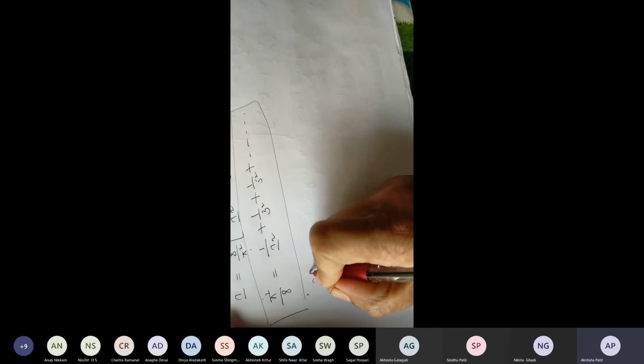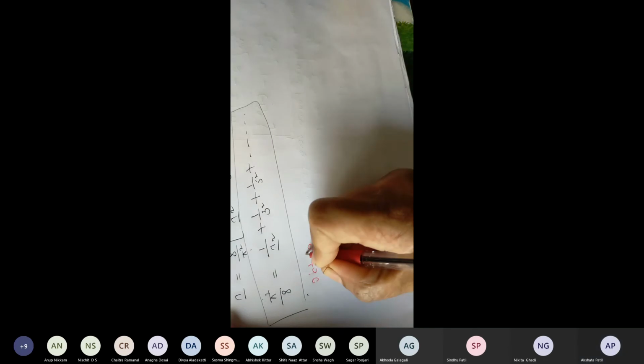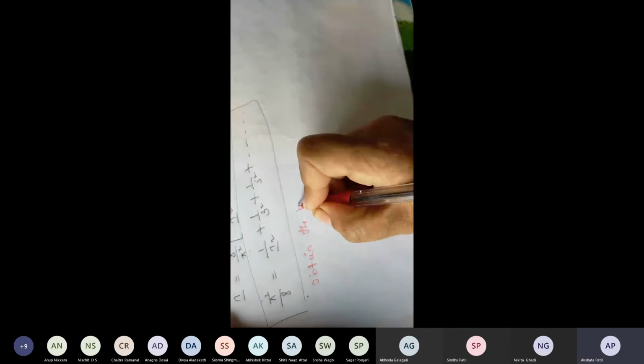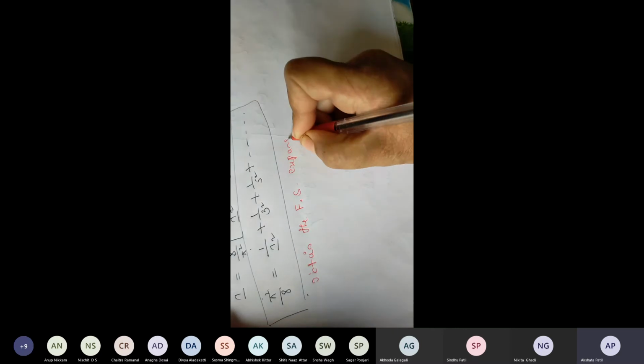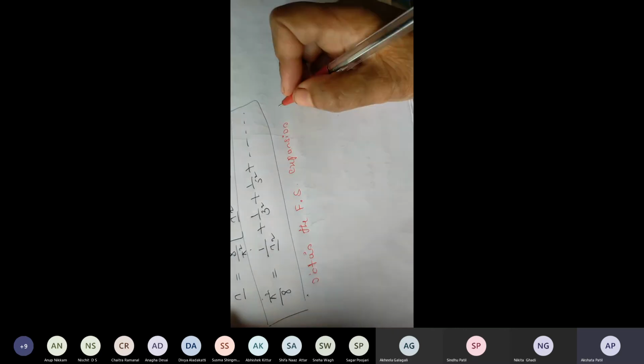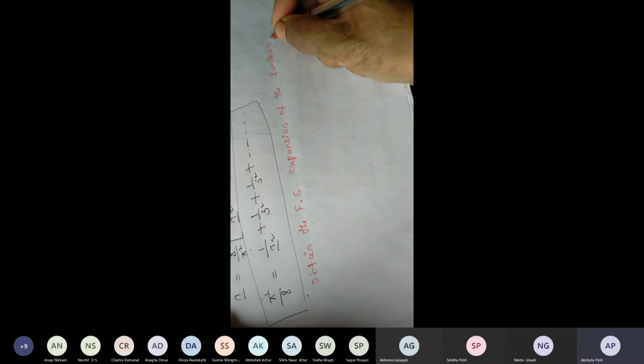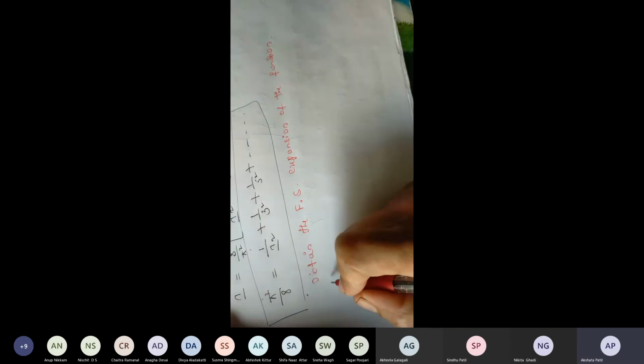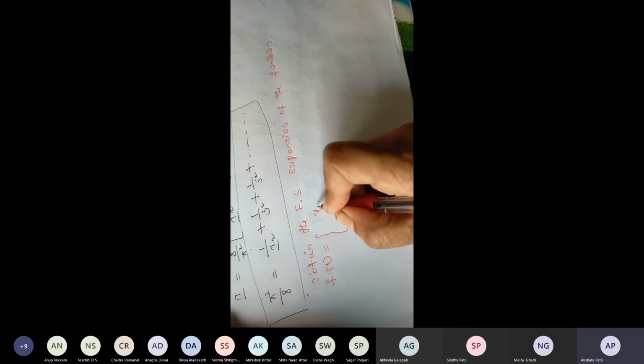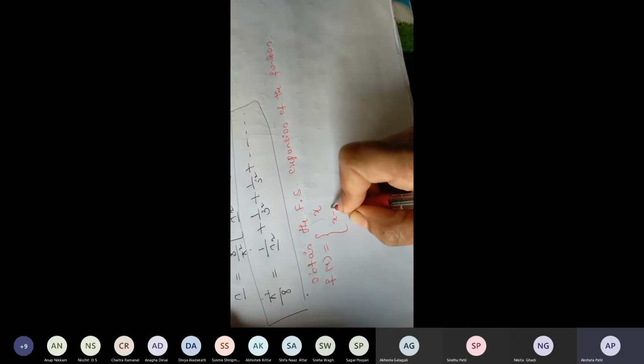So obtain the Fourier series expansion of the function f of x equals x minus 2 pi.